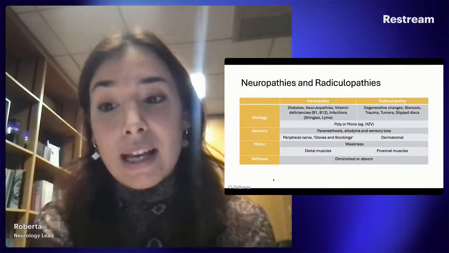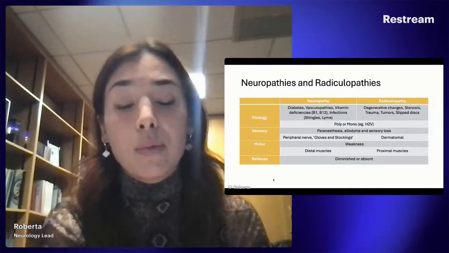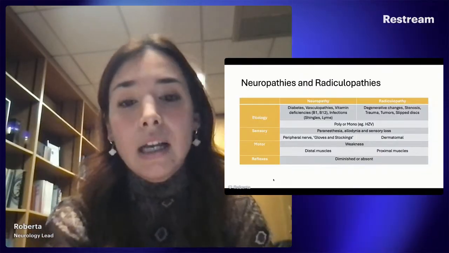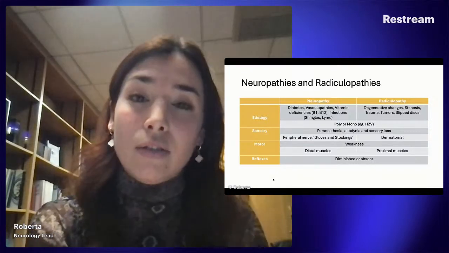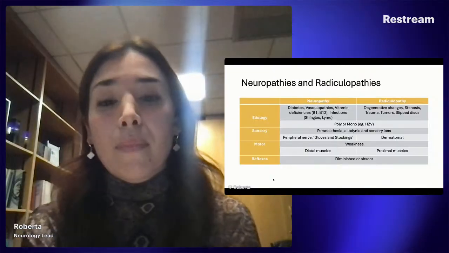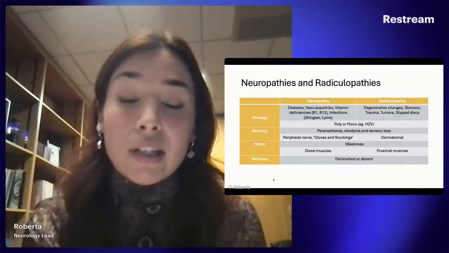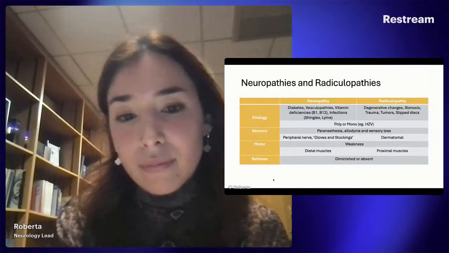They can also present over time with motor dysfunction, so motor deficits, such as weakness. This will tend to present further down the line, so later on in the disease, depending on the type of the disease. And that is simply to do with the anatomical difference between the sensory fibers and the motor fibers.